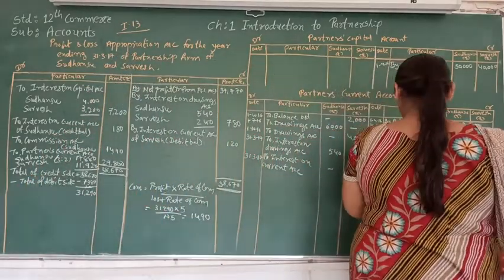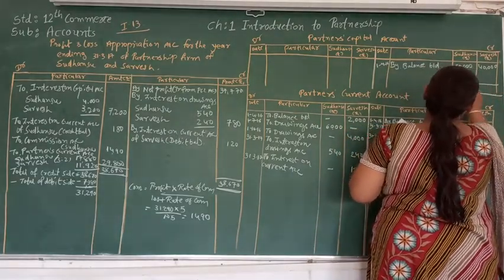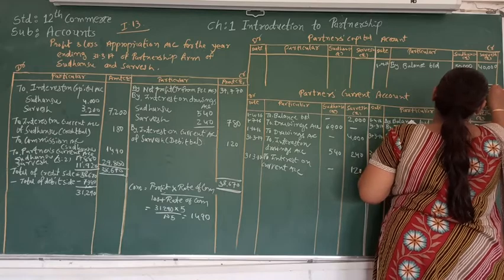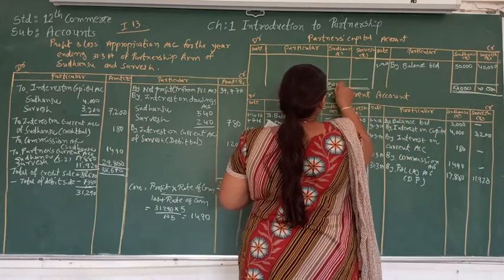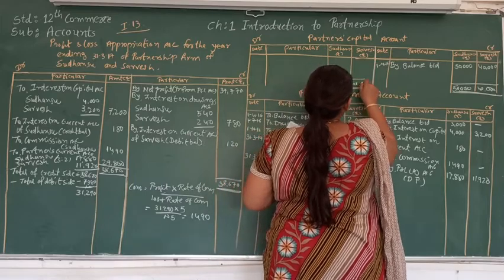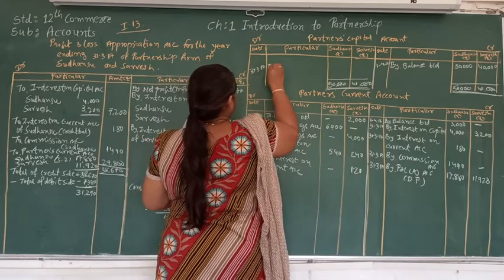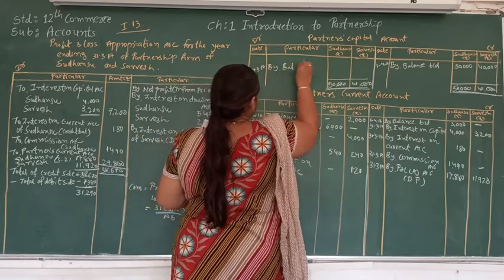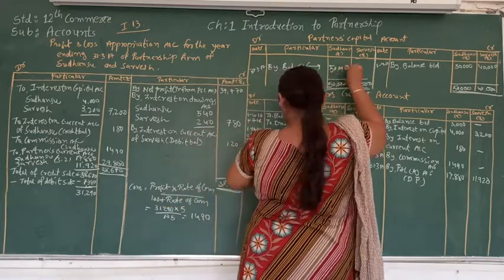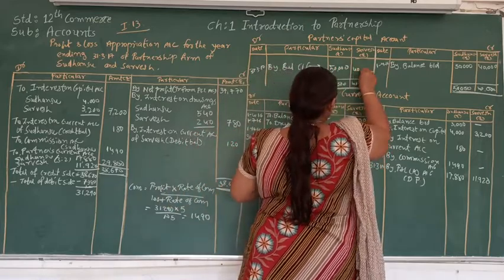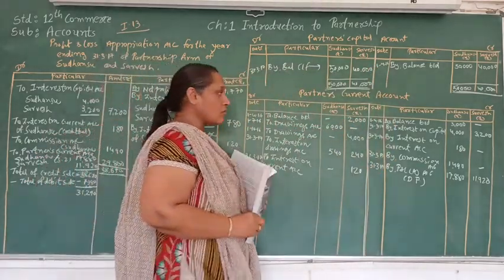Now let's close the capital account and let's find out the balance of the current account. So for closing the capital account, here 50,000, 40,000. This 40,000, 50,000 we are going to take to the debit side. So this will be the balance on 31st 3/17 by balance carried forward. That will be 50,000 as well as 40,000. Now, let's calculate the balance of the current account.